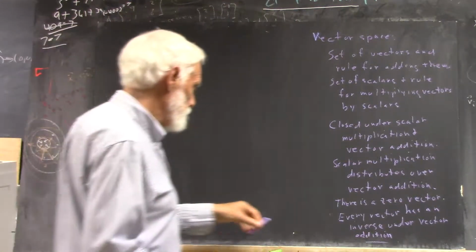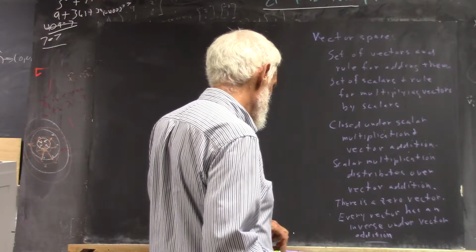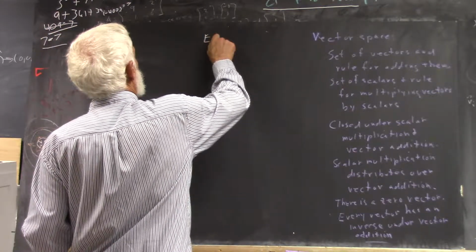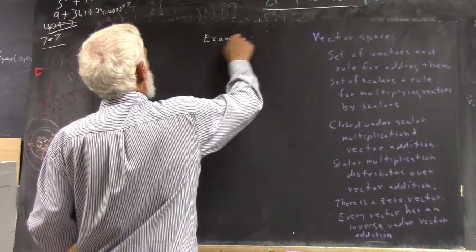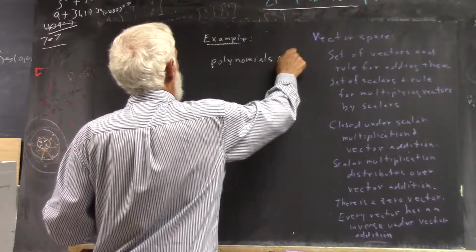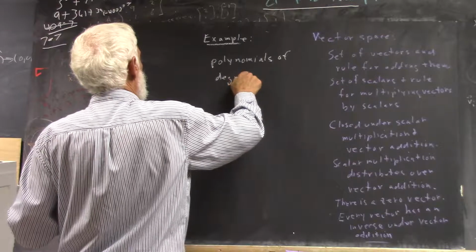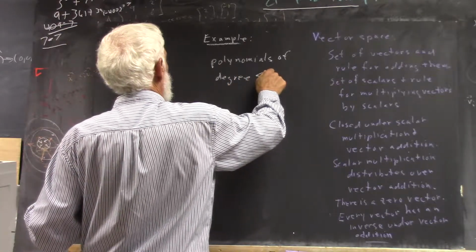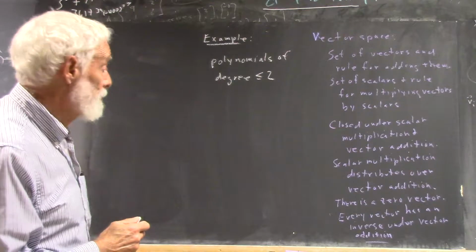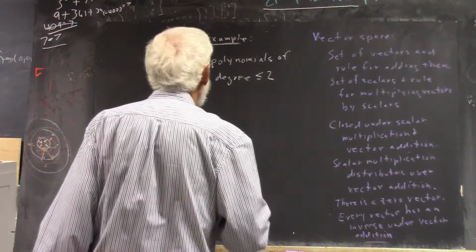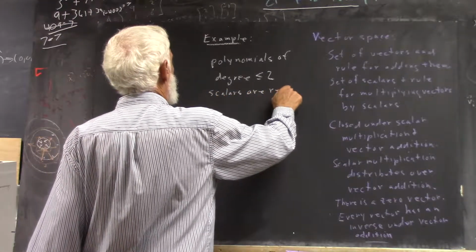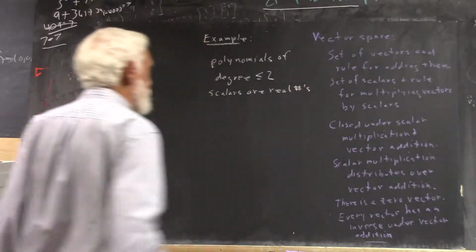So the first example I'm going to use is polynomials of degree less than or equal to 2, and the scalars are real numbers.